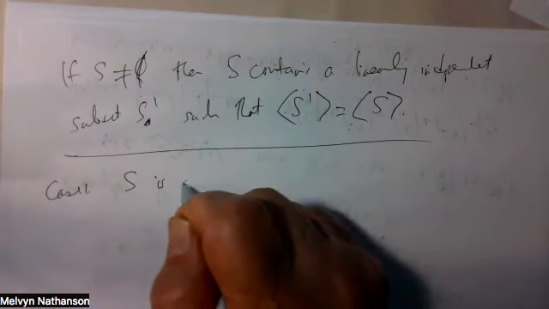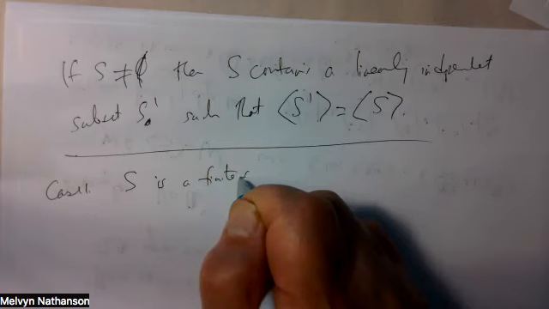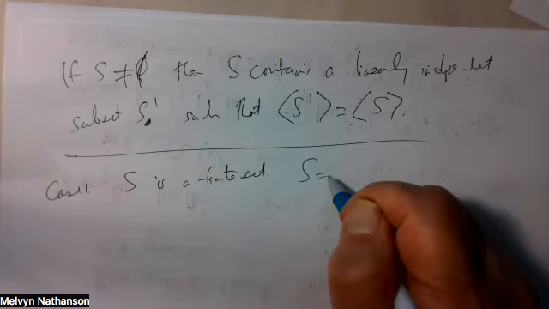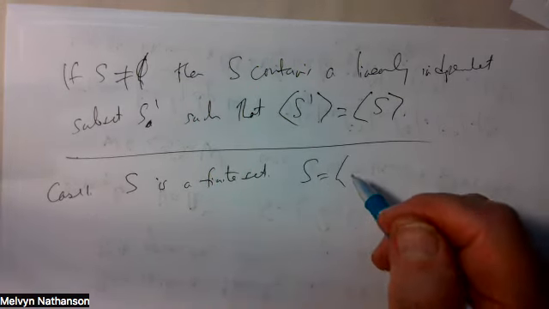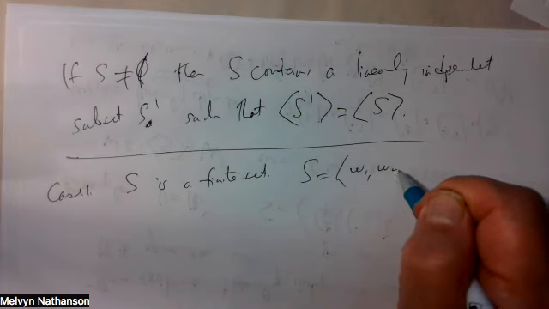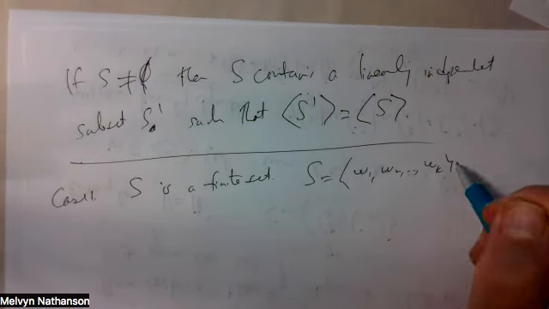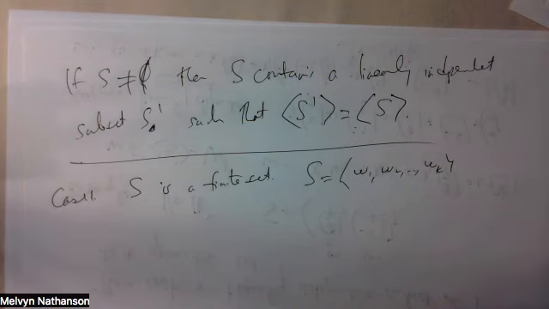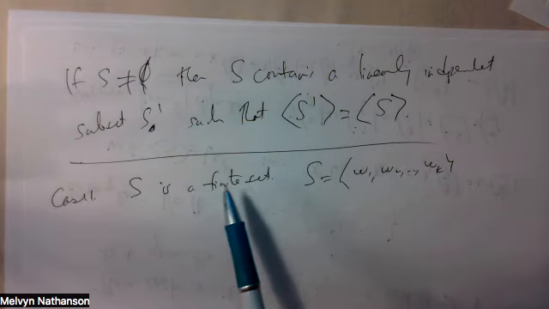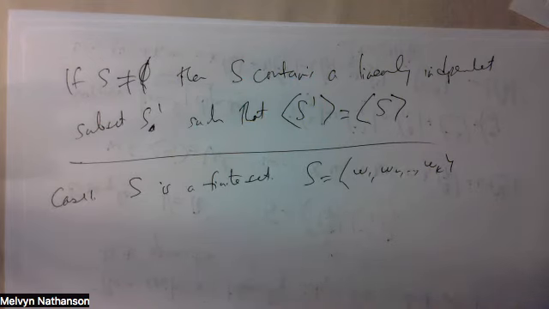So let's start with this first case, case 1. Suppose S is a finite set. So S consists of, let's say, k vectors, W1, W2, up to W sub k. And every vector in the subspace is a linear combination of these.